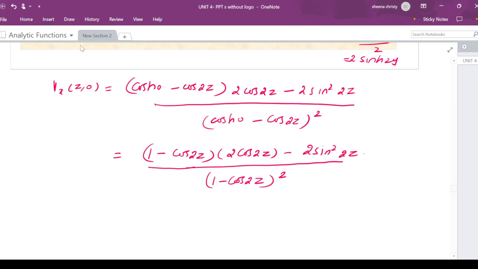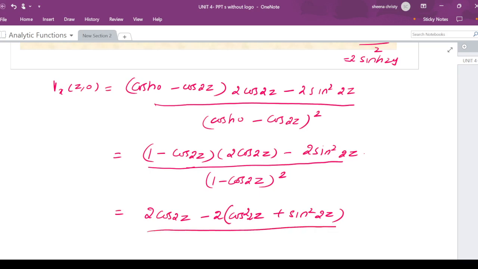Next, you will get this equal to, you can multiply this inside, therefore 2 cos 2z minus 2 cos square 2z. Here you are having 2 sin square 2z, so you can take the minus sign outside, sin square 2z plus cos square 2z, divided by 1 minus cos 2z the whole square.